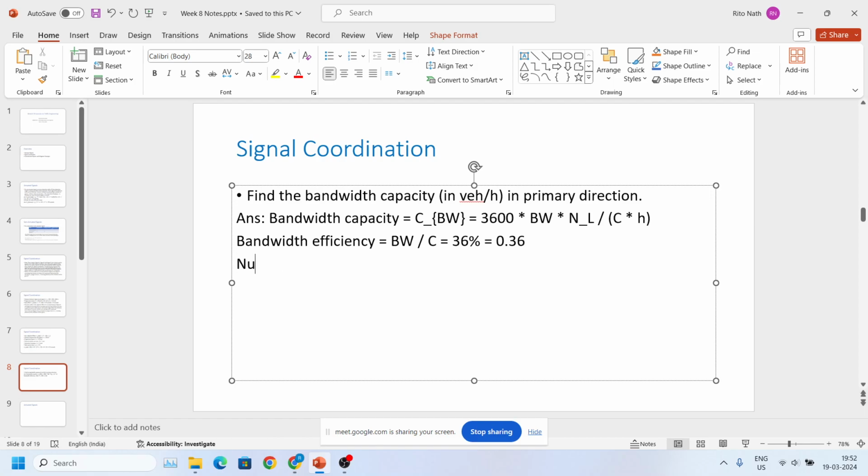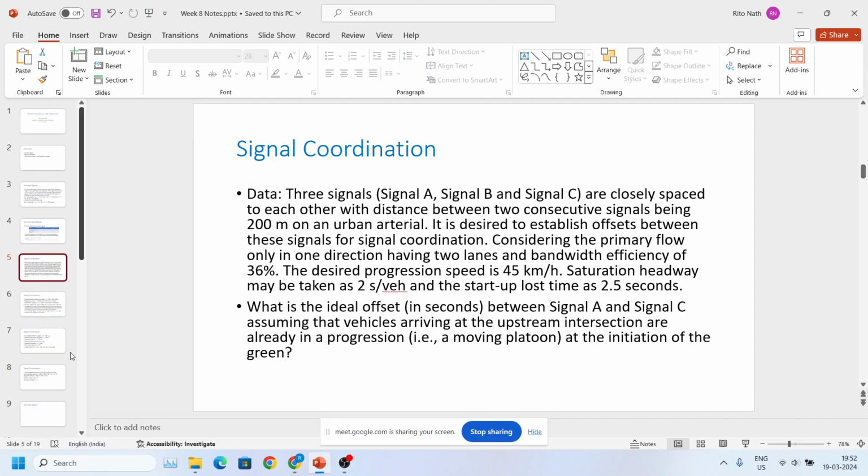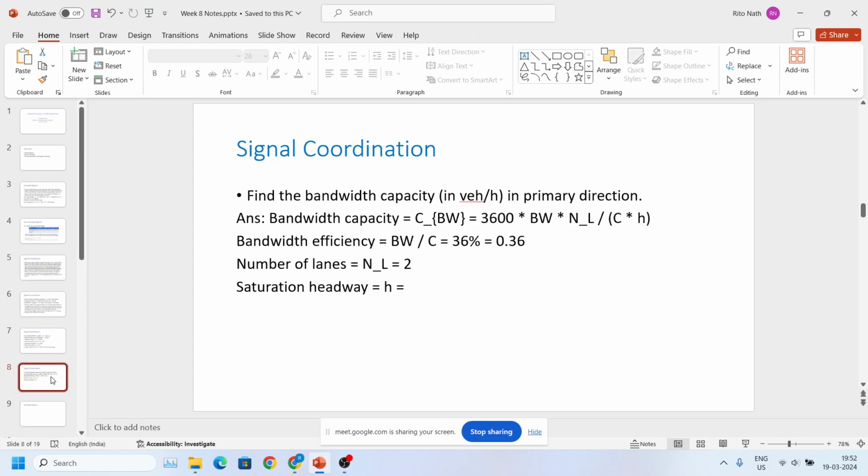Then you have the number of lanes. Here N L is 2, and the saturation headway you already know, H is 2 seconds per vehicle.